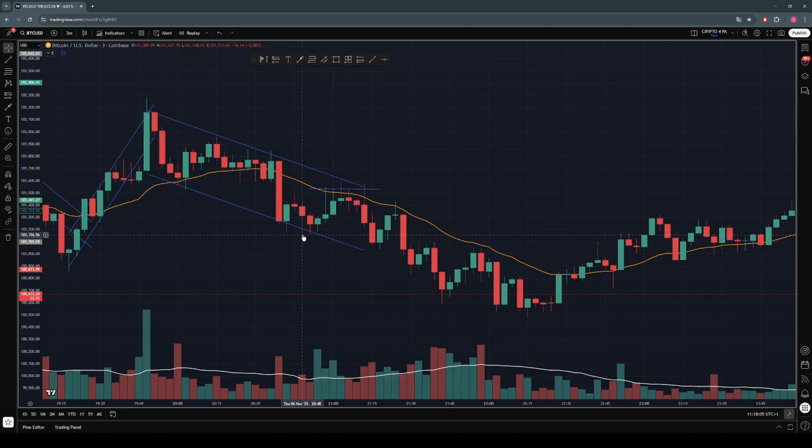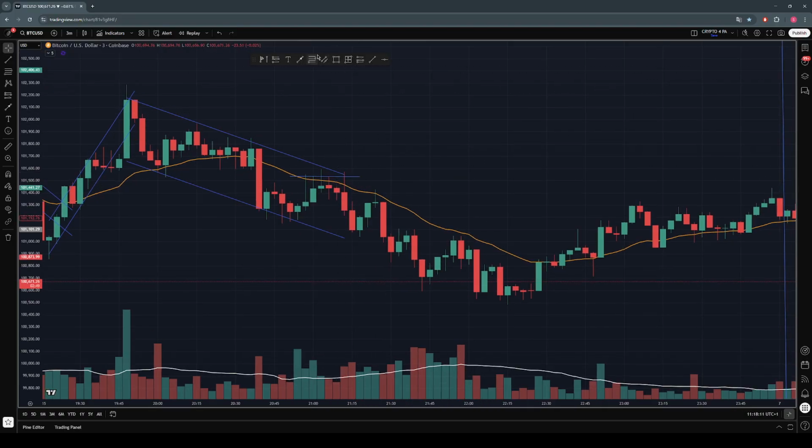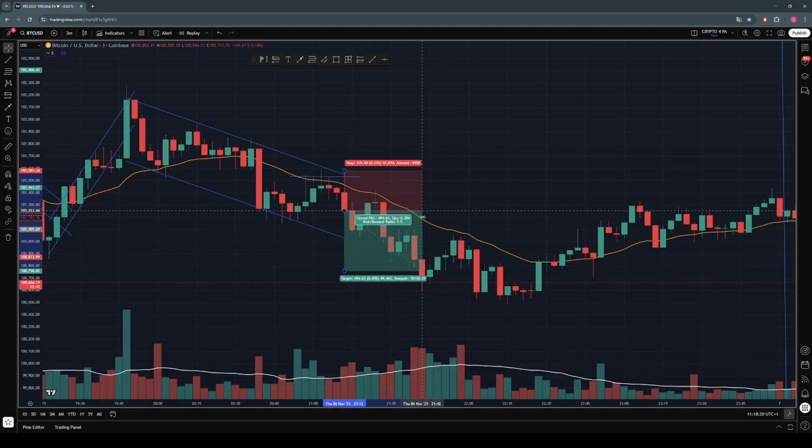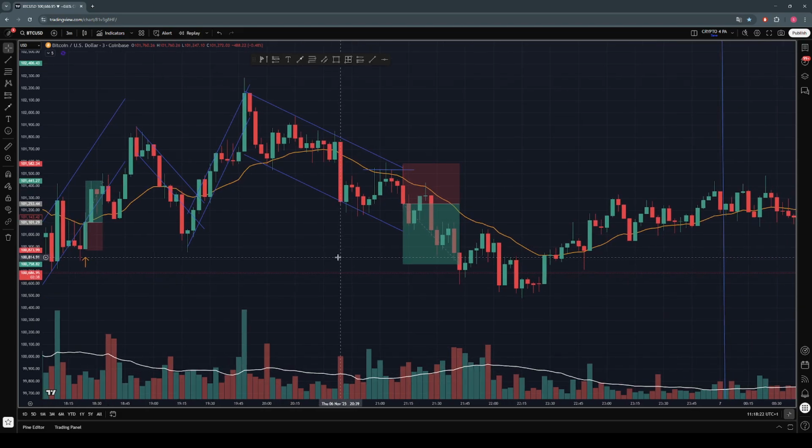Getting low. Up, up, up, up, all the way. First entry. Down, up, down, second entry. It does continue with a little bit of sideways movement, but it moves down.